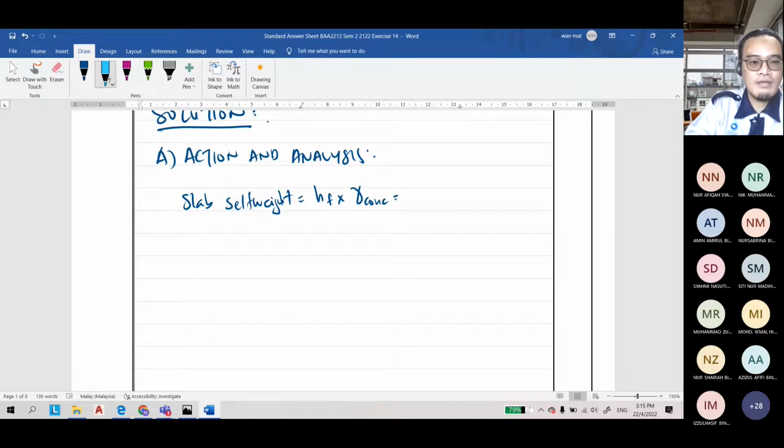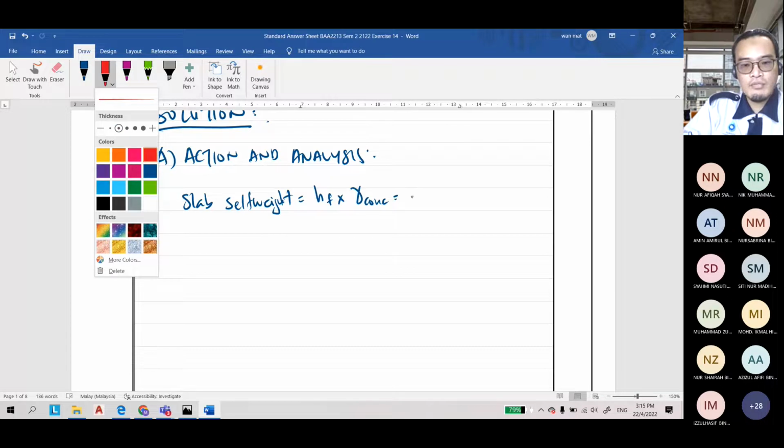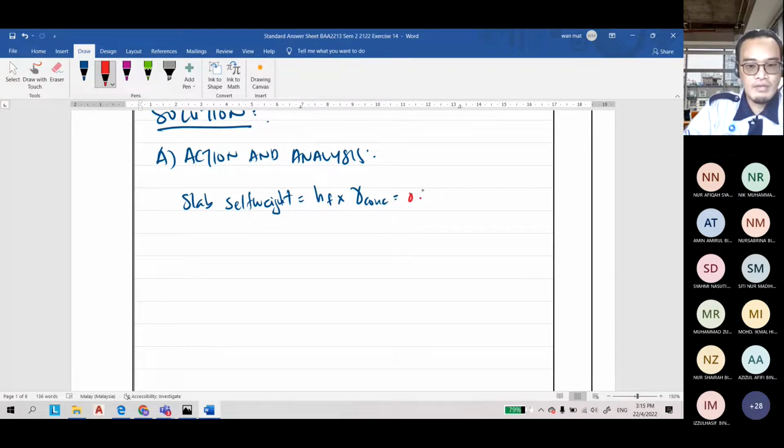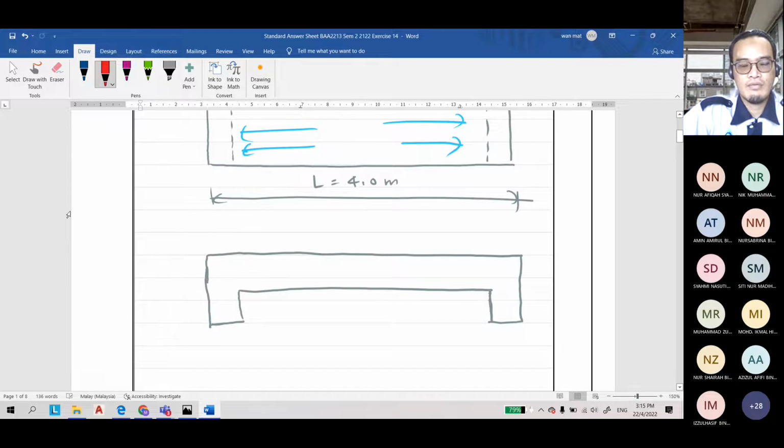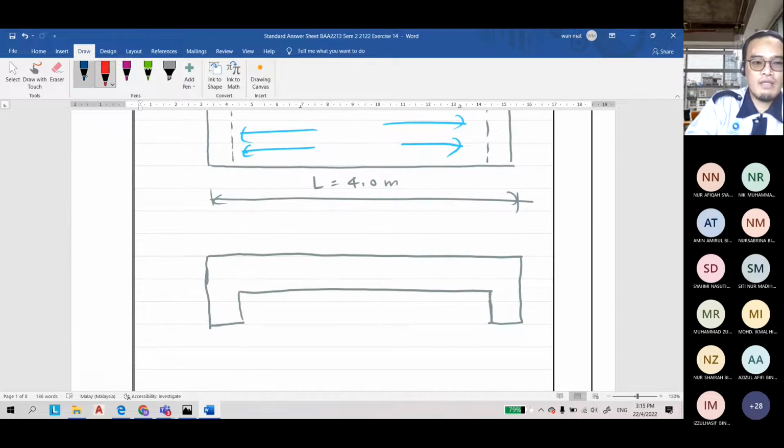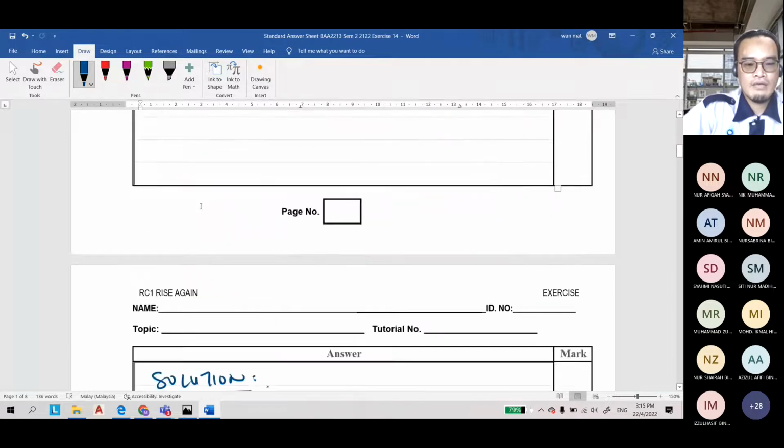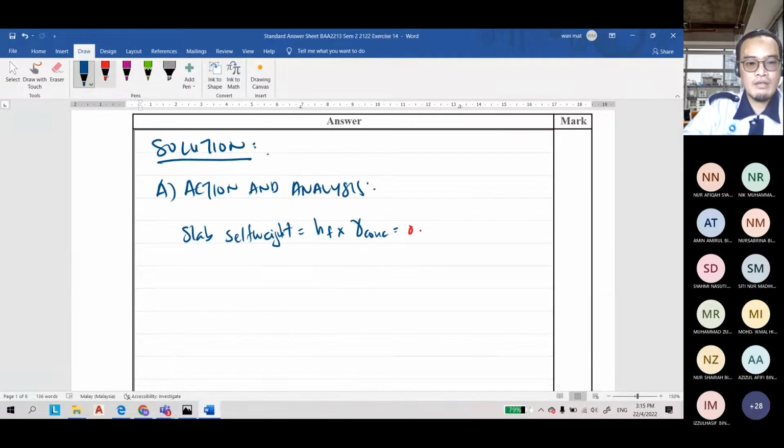I give the value of hf as 175, so let's try hf equal to 175 mm. So what is the value of the self weight of the slab?